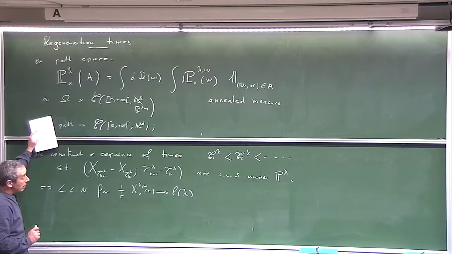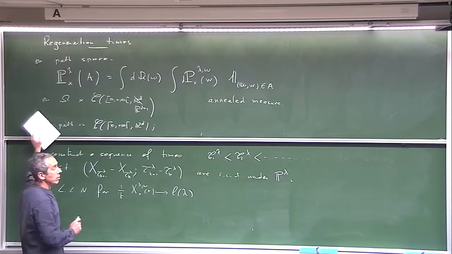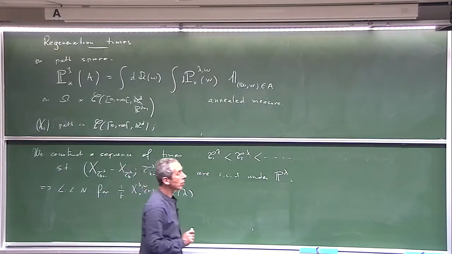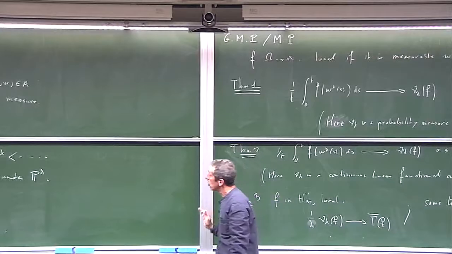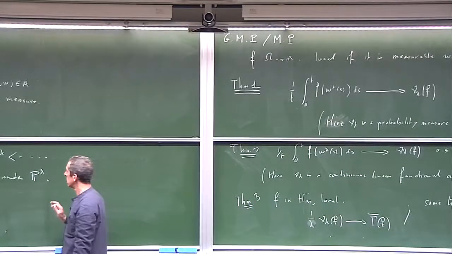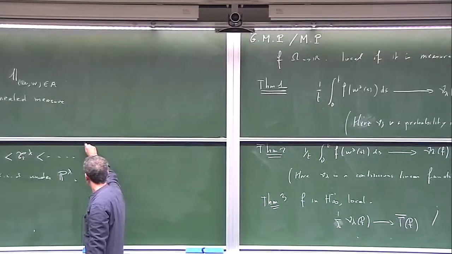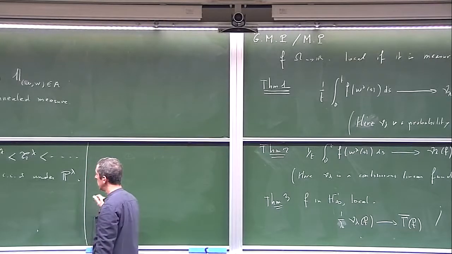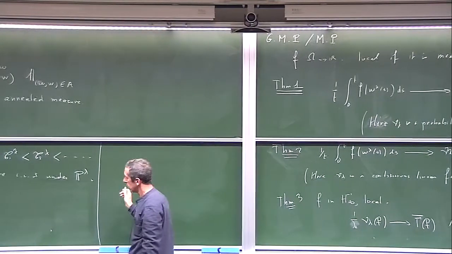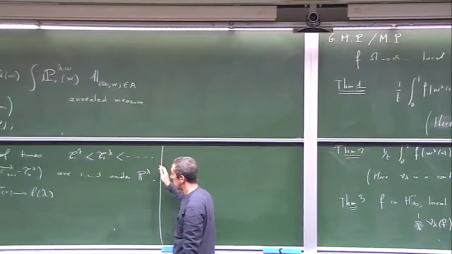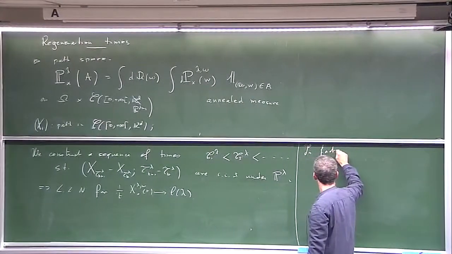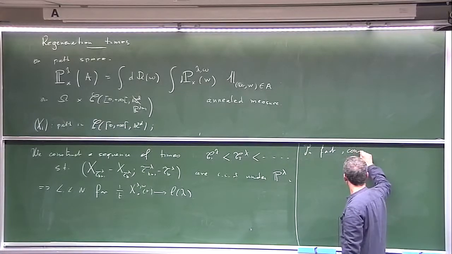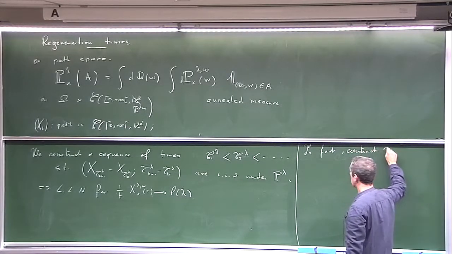Now, in fact, this is very good, but this is not exactly what we want when we want to deal with additive functionals like this. So we'll have to modify a little bit the construction. And in fact, what we did is we constructed a sequence of times, which are regeneration times. So we construct these times, tau 1 lambda.